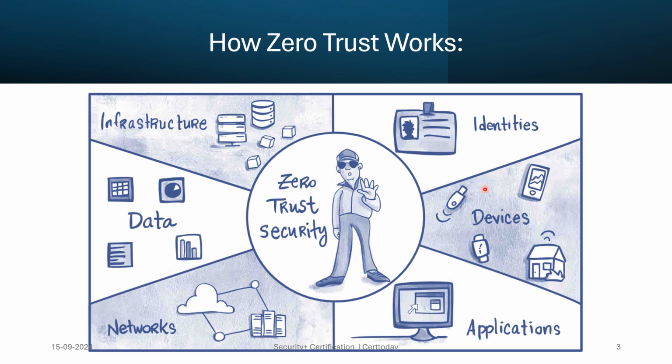Then we have devices. People need devices to access whatever. So identities are related to devices in a way that you need either an iPhone or an Android, a Windows PC. Those devices obviously must be protected with, let's say, endpoint security. You could start there. Then you have your applications.